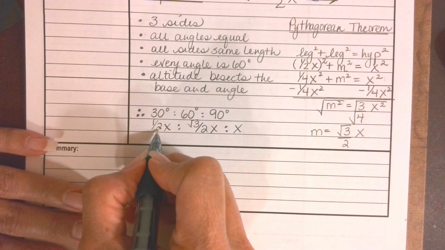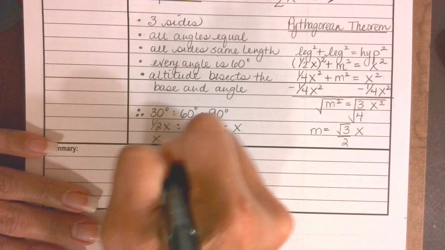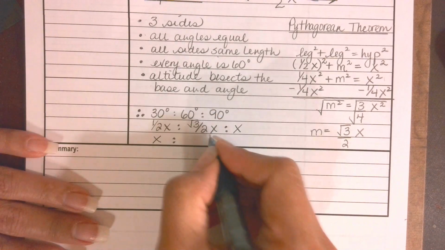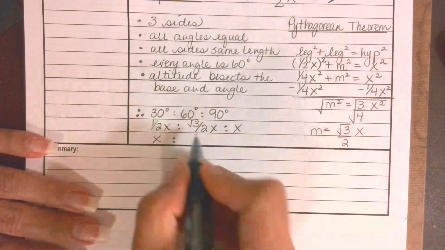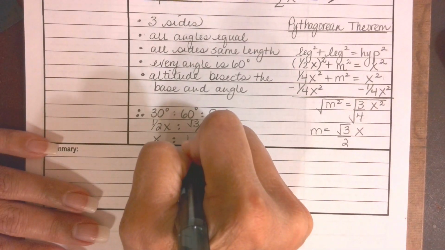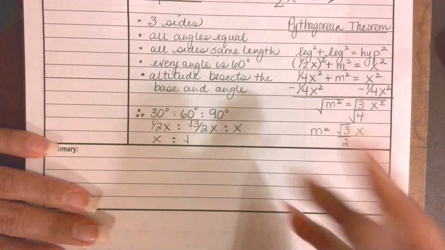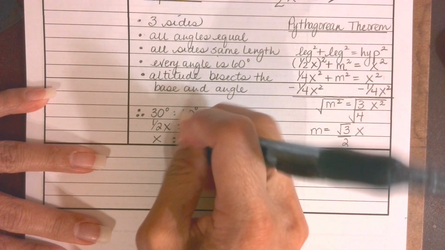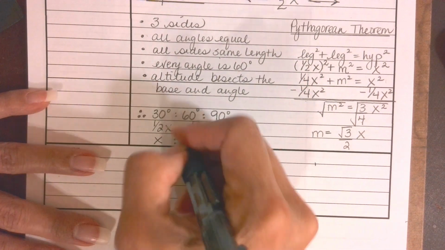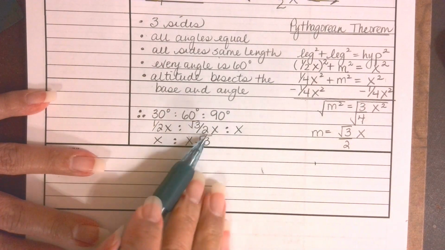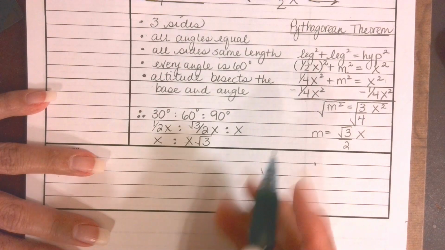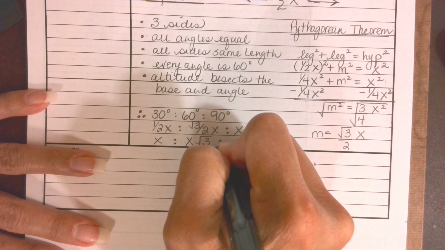Well, 2 times a half would just be an x. 2 times square root of 3 over 2 times x would just be, again, the 2 cancels, so that'd just be x square root of 3. Usually we put the x in front of the square root. Again, the 2 got canceled. And if I multiply x by 2, I'm going to end up with 2 times x.